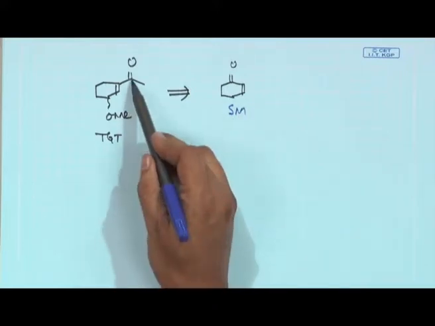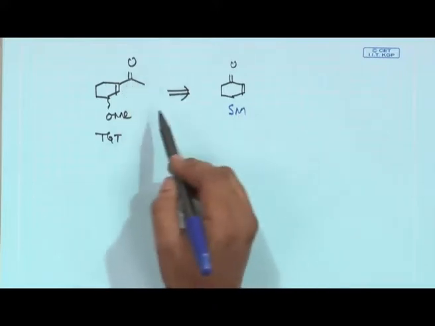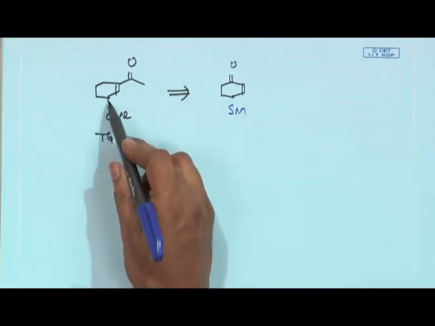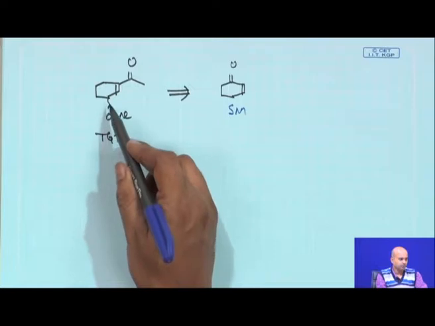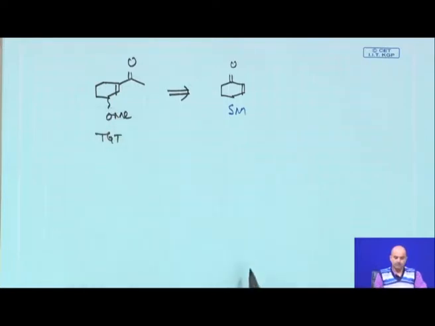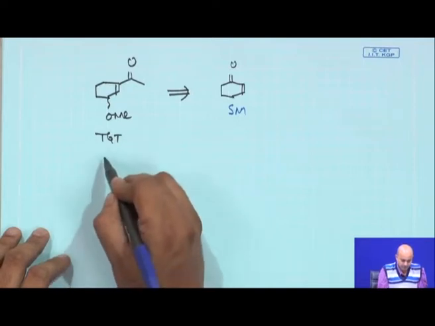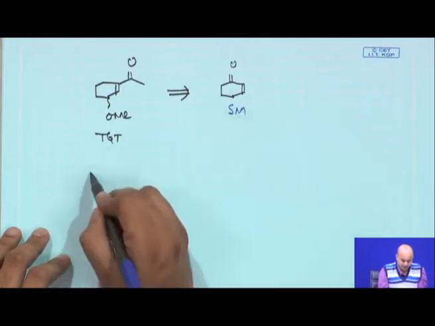You have added an extra COMe group, is it not? COMe group, and then you have added an extra O-methoxy here. Now, what is said is that you have the starting material.